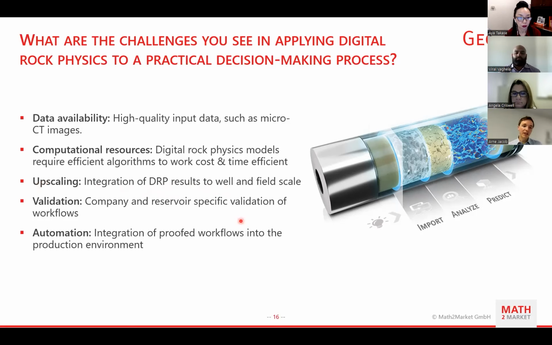Then validation is always a very important topic for us and our customers. We want the company and reservoir-specific validation of the workflows to be as easy as possible. That is important because I've mentioned it earlier in the MICP: how do customers and how do we know that the results are meaningful and it's not only putting numbers together?